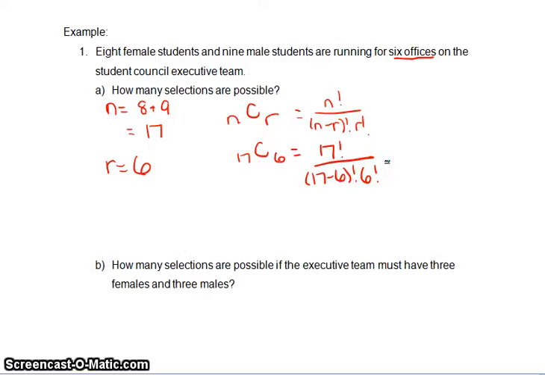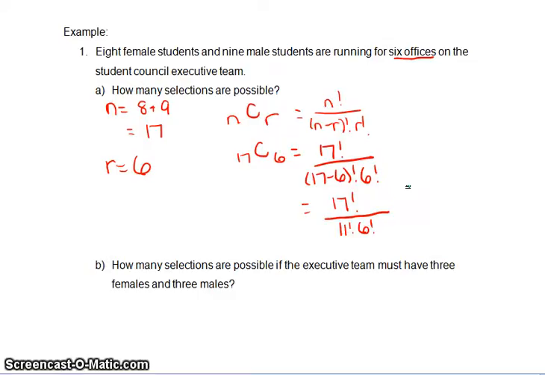You could put this into your calculator as it is, or we can simplify it, or do it all by hand. It's up to you. First let's simplify the bracket: 17 factorial divided by 17 minus 6, which is 11 factorial, times 6 factorial. Now we can go a few different ways from here.